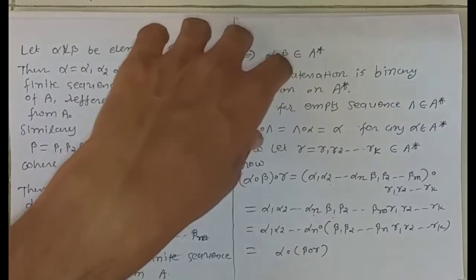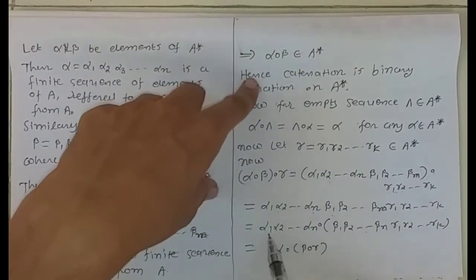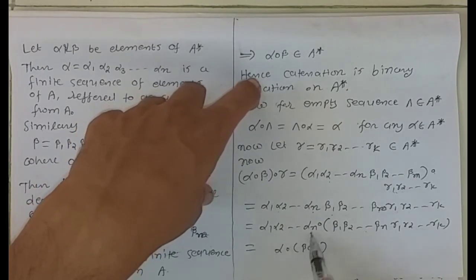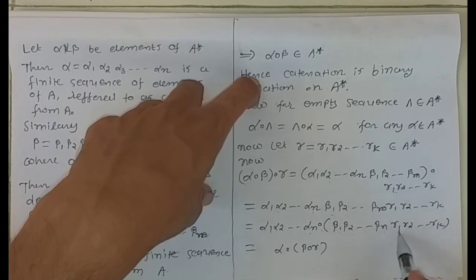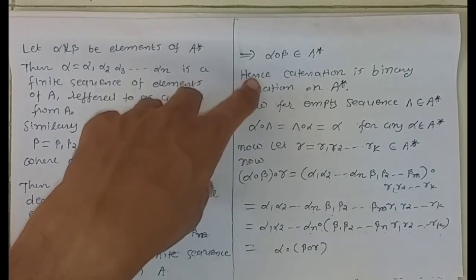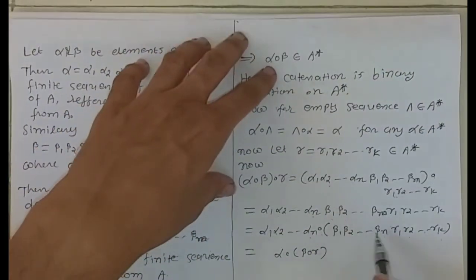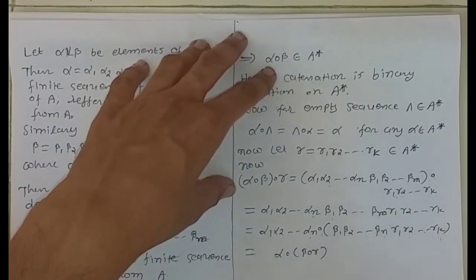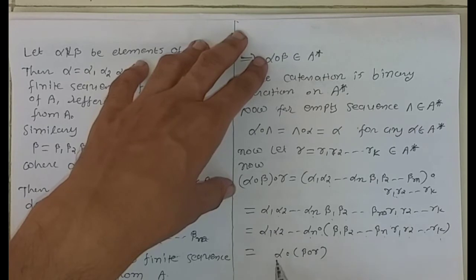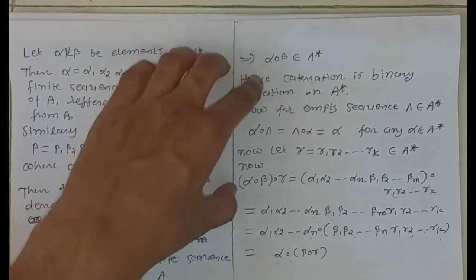Now again decompose this. So we get alpha 1 alpha 2 up to alpha n composed with beta 1 beta 2 up to beta m, gamma 1 gamma 2 up to gamma k. Again, from the definition of the binary operation catenation, we get alpha composed with the catenation of beta and gamma, so beta composed with gamma.